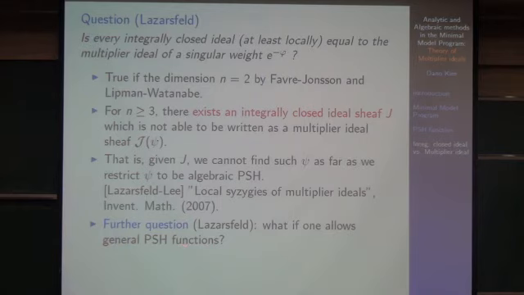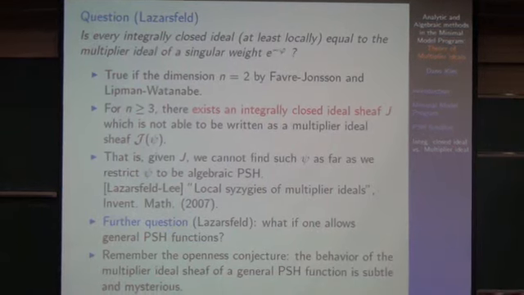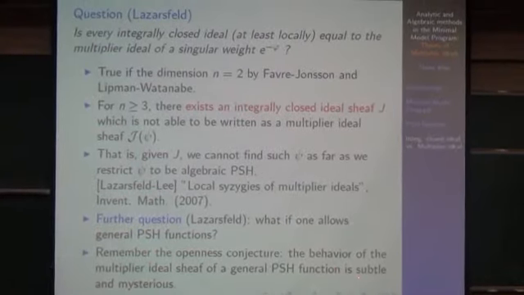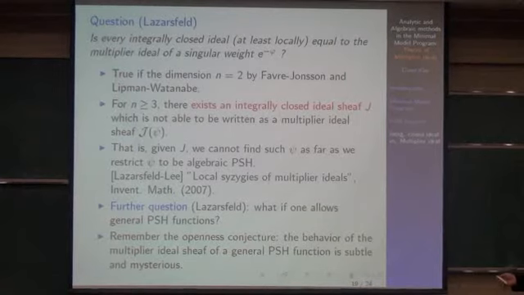Given this counterexample J, when you look for psi within the range of algebraic PSH functions, you could not find one; is the same true for general PSH when you enlarge the class of functions? We should remember this openness conjecture. The behavior of the multiplier ideal sheaf of general PSH is quite subtle and mysterious. It's very different from the case of algebraic PSH functions.